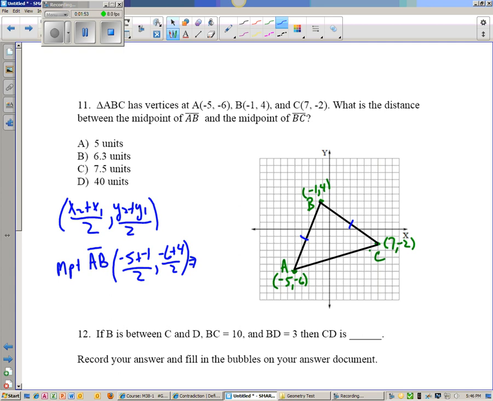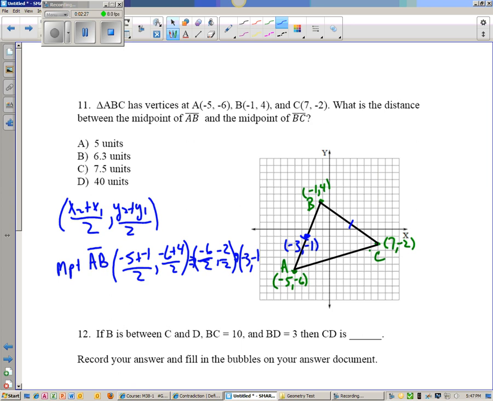Okay, that's going to lead to -6 divided by 2 and -2 over 2, which simplifies to -3 over -1. So if I go 1, 2, 3 over 1, my midpoint is there. So I'm going to go ahead and label it -3, -1. Okay, there's my midpoint there.